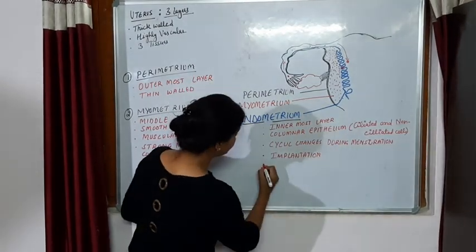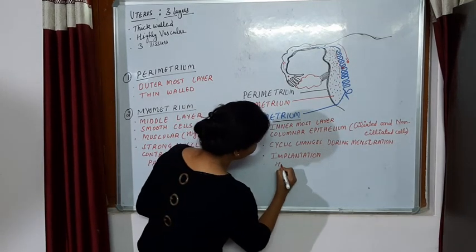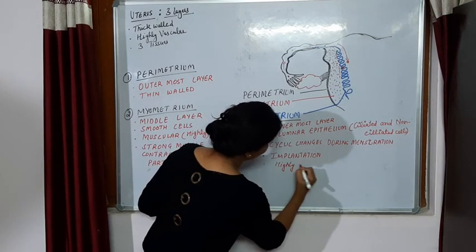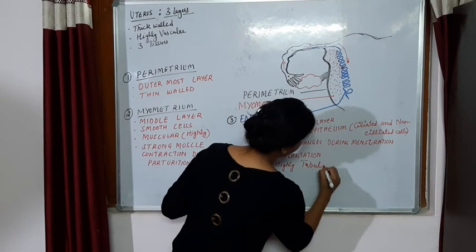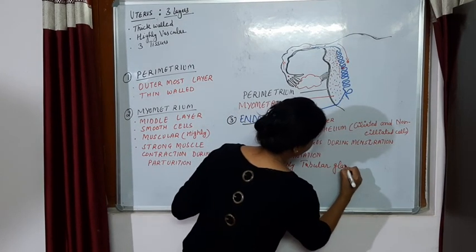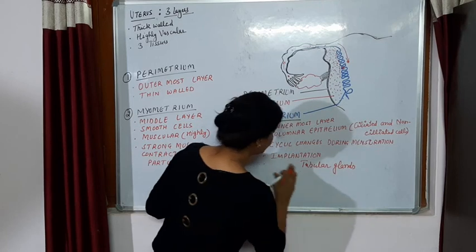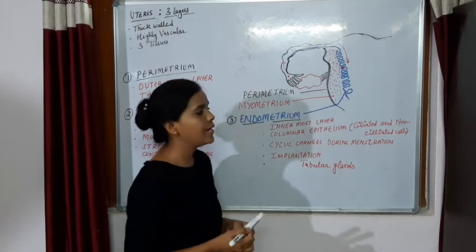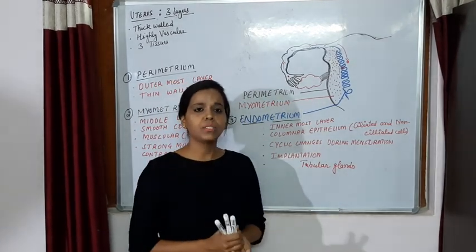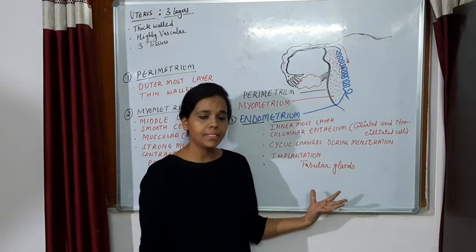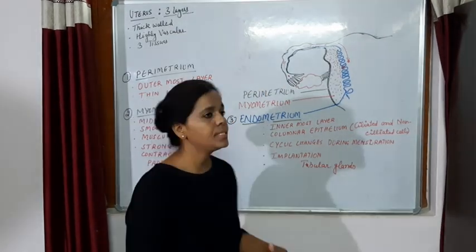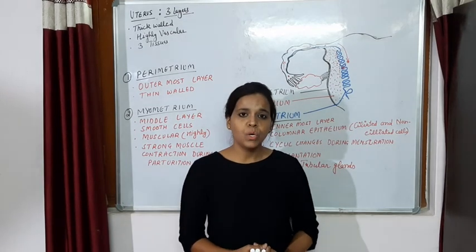One more point is that this endometrium layer also consists of tubular glands. So with this, we have discussed the three important layers of the uterus.